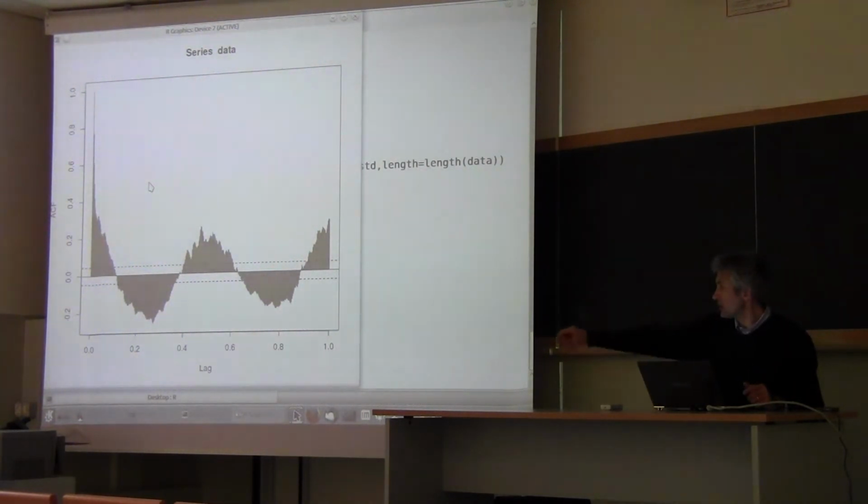And also look at the abscissa. It's up to 1, because it is a time series and R recognizes it and therefore doesn't plot to you the actual lag, but rather the progress in the seasonal cycle. So 1 is 1 year.